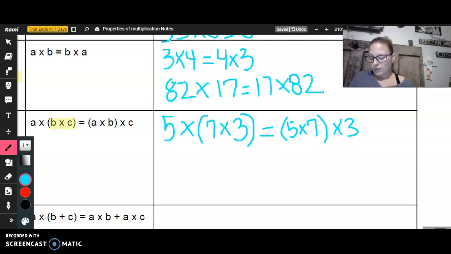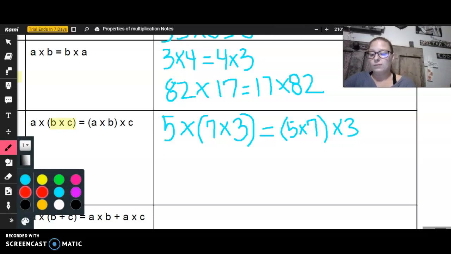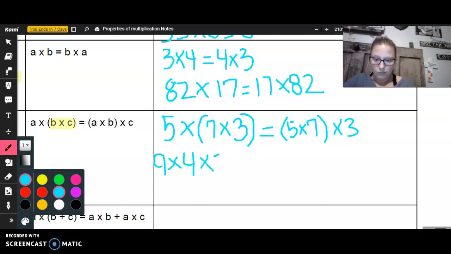So say we are multiplying 9 times 4 times 25. And our parentheses are around the 9 and the 4.